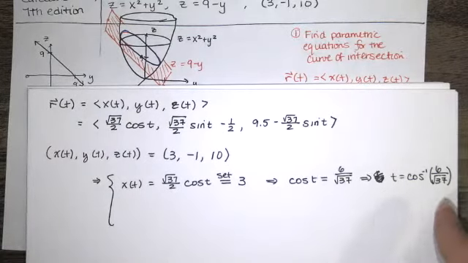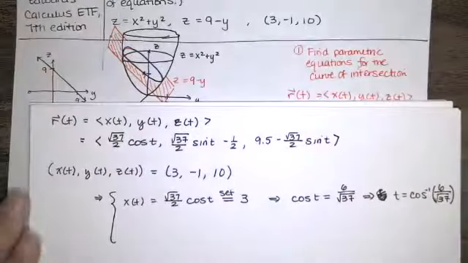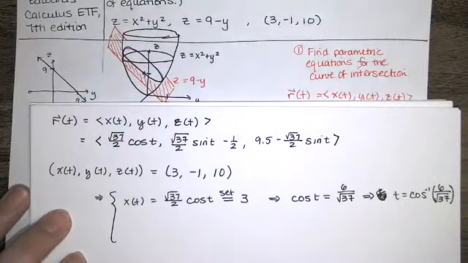And then I claim that if t is the inverse cosine of that number, then y is going to equal -1. You might say, how do you know that that's true? Let's see.